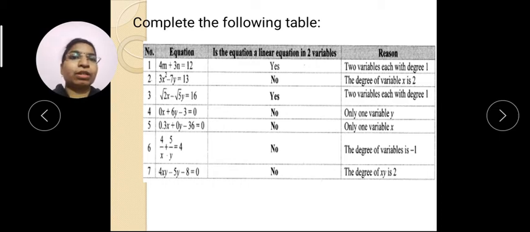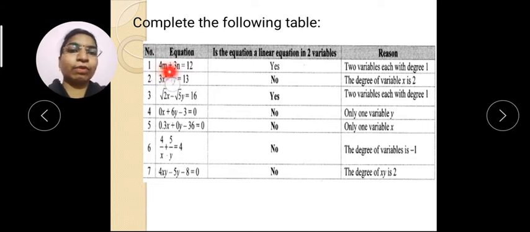We have to recognize whether the given equation is a linear equation in two variables or not. Now listen students, in the given table, the first equation is 4m plus 3n is equal to 12. Is this linear or not? Yes. Why? We have to write the reason also. So for more understanding, I will explain here these 7 different examples, how to recognize with the reason whether the given equation is linear or not.